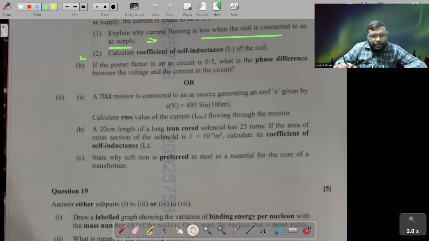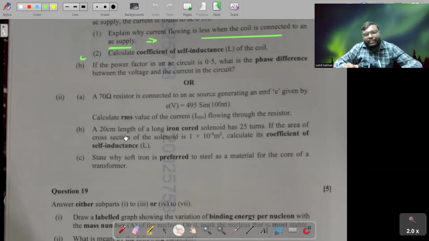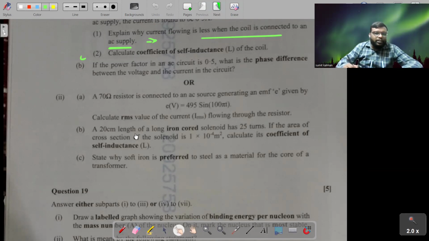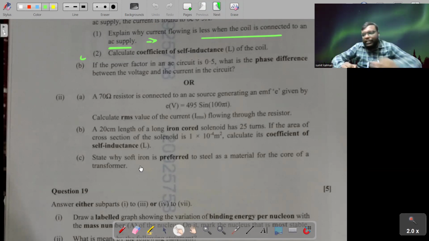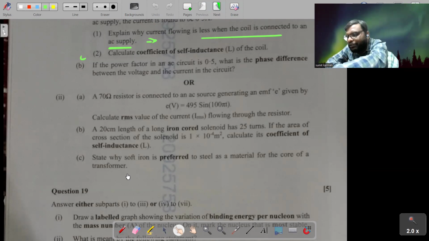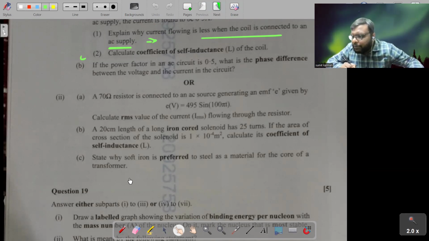Students, in B part they are asking, this is also a very simple problem, straightforward, formula based, and we have studied all this in our regular classes also. So students, we'll proceed for this problem.